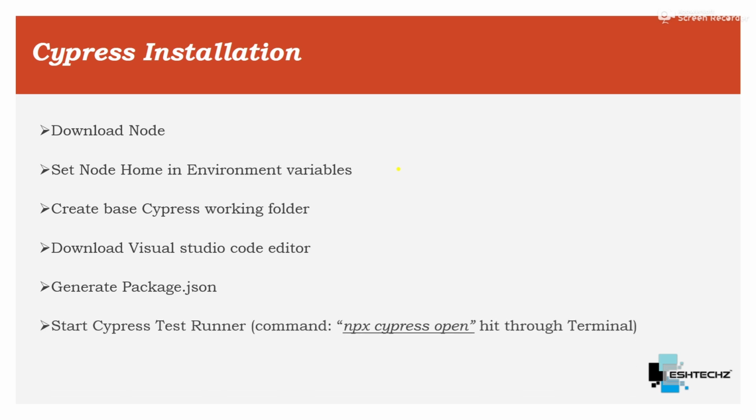Once we are done with that in Visual Studio Code, we pass one command, which is npx cypress open, in the terminal, which will open our test runner, and by opening the test runner we can run our test cases.